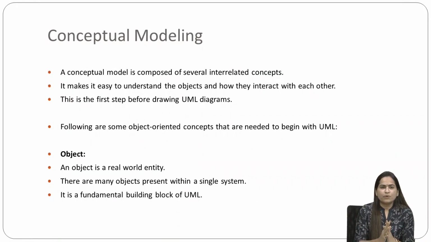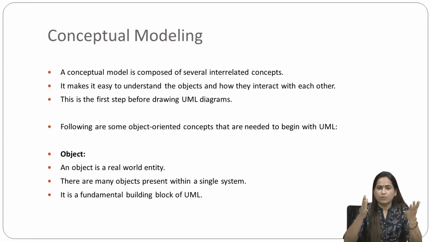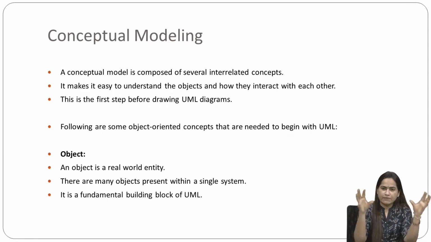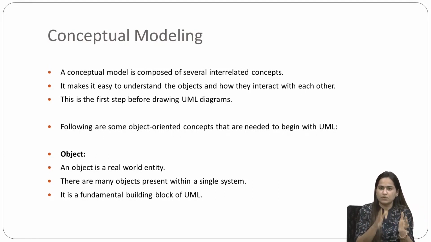Now let us move on to conceptual modeling. Conceptual modeling means we have a concept in mind of which type of model we will have in our system. A conceptual model is composed of several interrelated concepts. With the help of that interrelation, we get the conceptual model of our system.